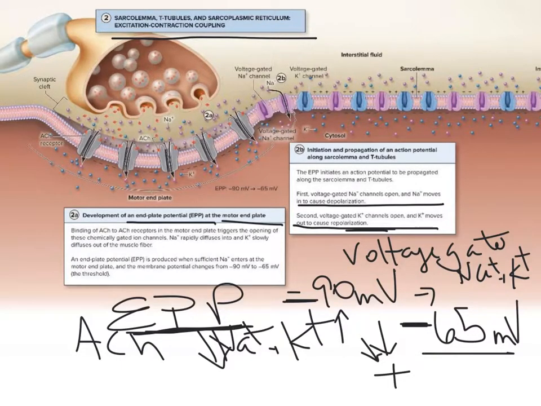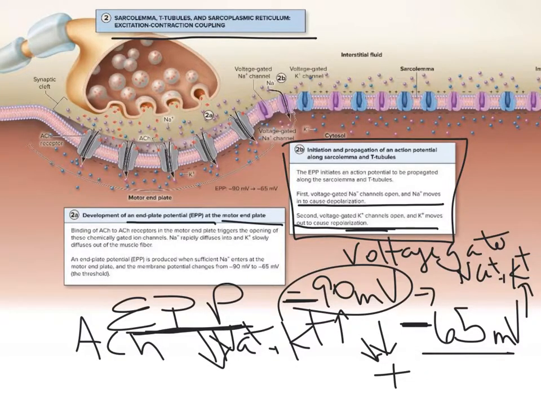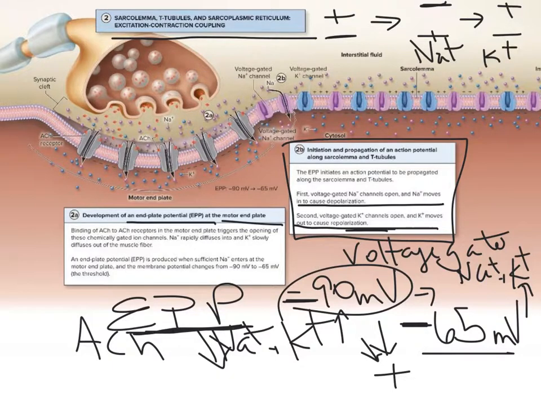And when the potassium moves out of the cell, you actually end up taking the cell back to minus 90. So what's happening here is you're going from the inside of the cell being negative with the outside being positive to changing so that the outside is negative, the inside is positive, and this is primarily due to the sodium movement, and then you go back to that normal state where the outside's positive and the inside's negative, and that's primarily the potassium movement.